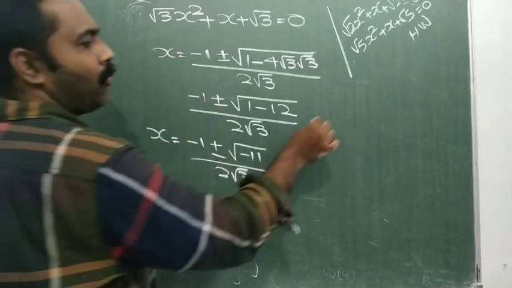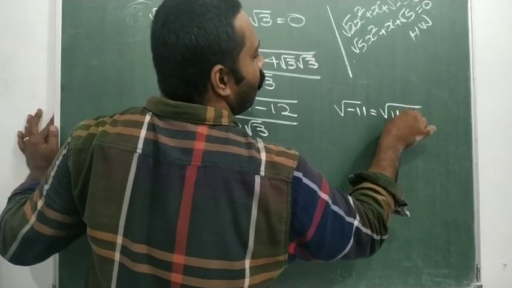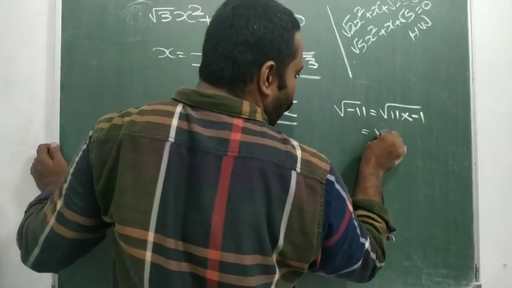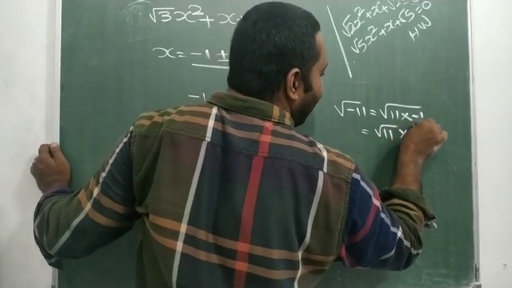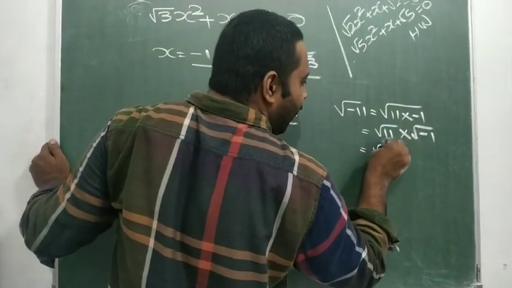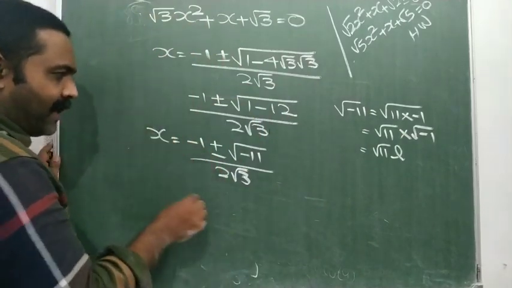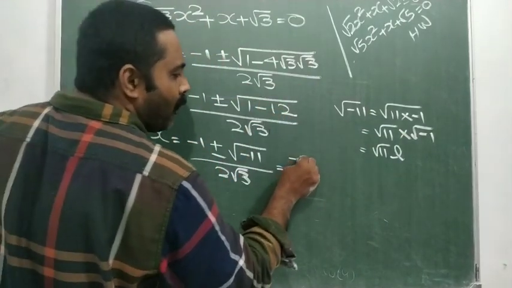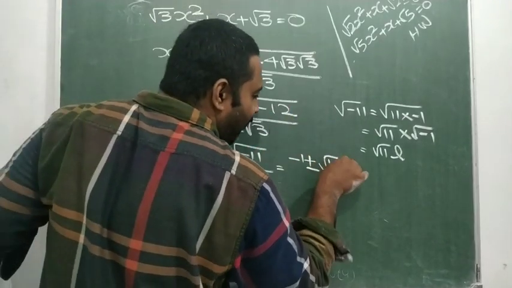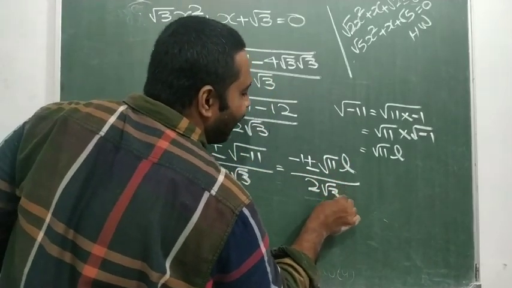Root minus 11 can be written in the form root of 11 into minus 1, which will be equal to root 11 into root minus 1. That is root 11 i. Then x is equal to minus 1 plus or minus root 11 i by 2 root 3.